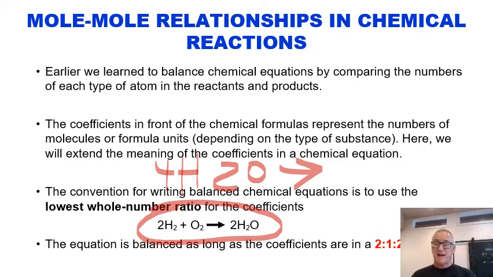So on my product side, I've got to have exactly the same number of atoms. That's because mass is conserved in chemical reactions, and if mass is conserved, moles are conserved. So I have to have the same number of atoms and the same mass on both sides.